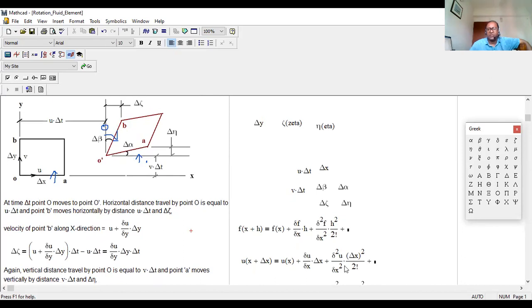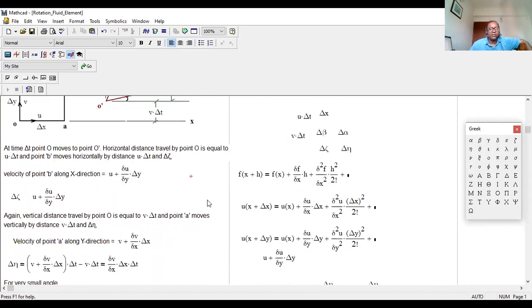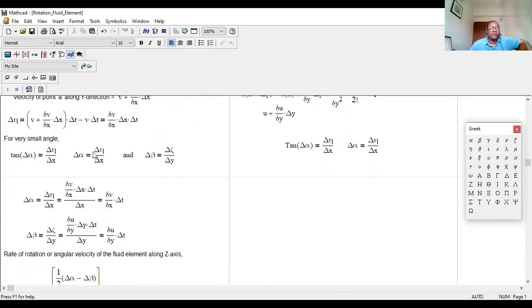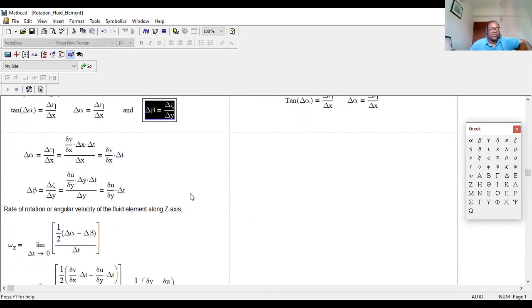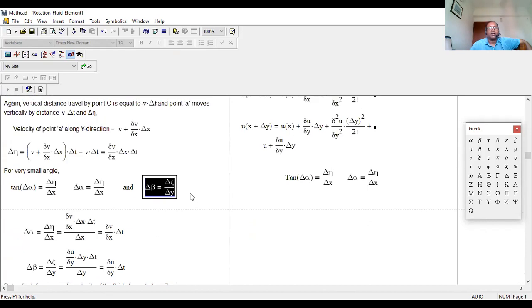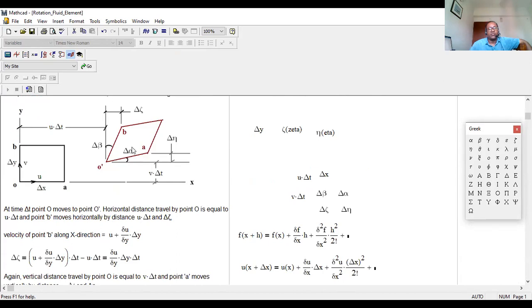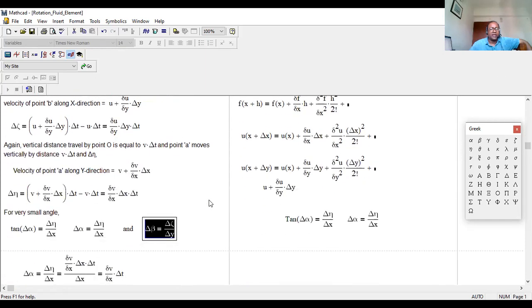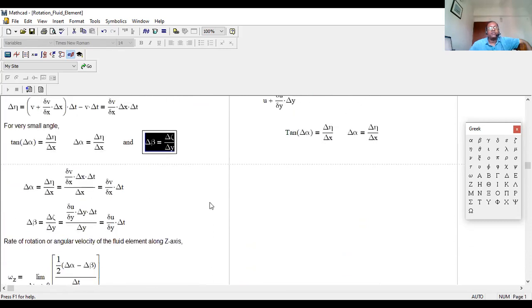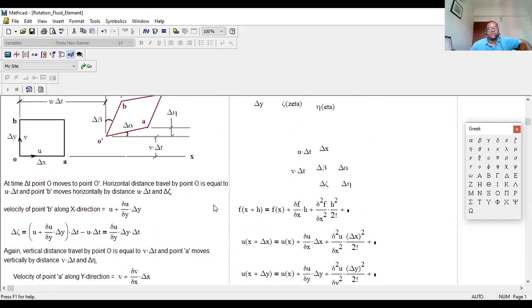And we already did that in the previous derivation right over here. We figured out the angle. But what is our angular rotation? Now, if line OA rotates anti-clockwise, its rotation is positive. And line OB rotates clockwise, so its rotation is negative. So we can say angular rotation, and this rotation happens along which axis?